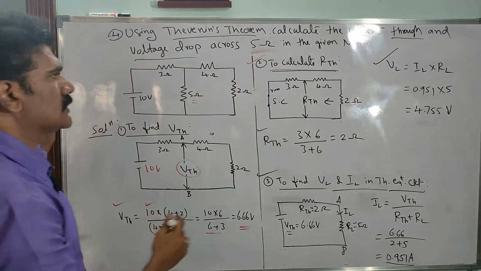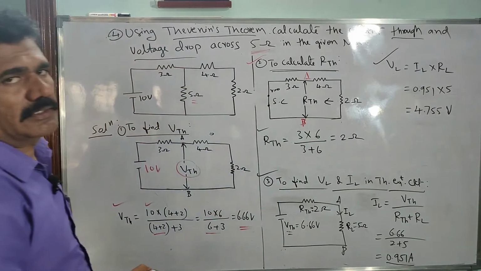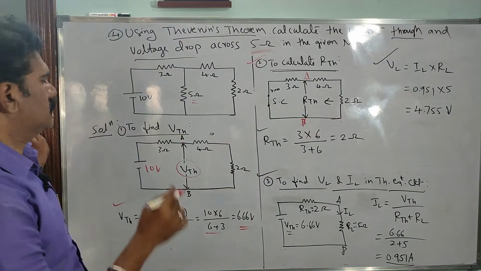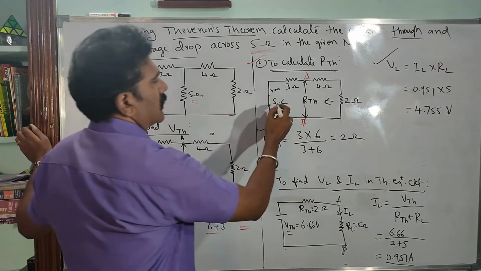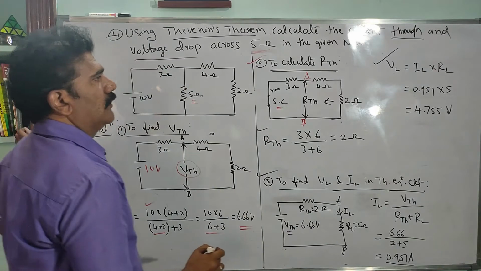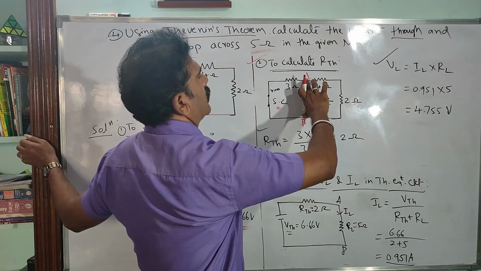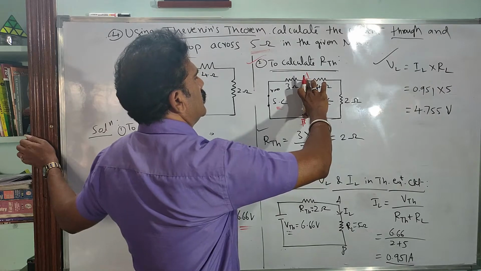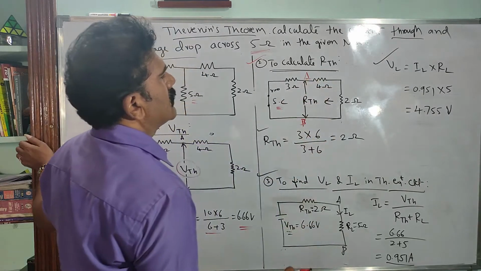Then you find out the RTH. Across the same terminals A and B, you have to find the RTH value. So what is the procedure? First you have to remove the 10 volt voltage source and short circuit it. After short circuiting, look at the circuit across the terminals A and B to calculate the equivalent resistance. Across these terminals A and B, we have two resistors in parallel.